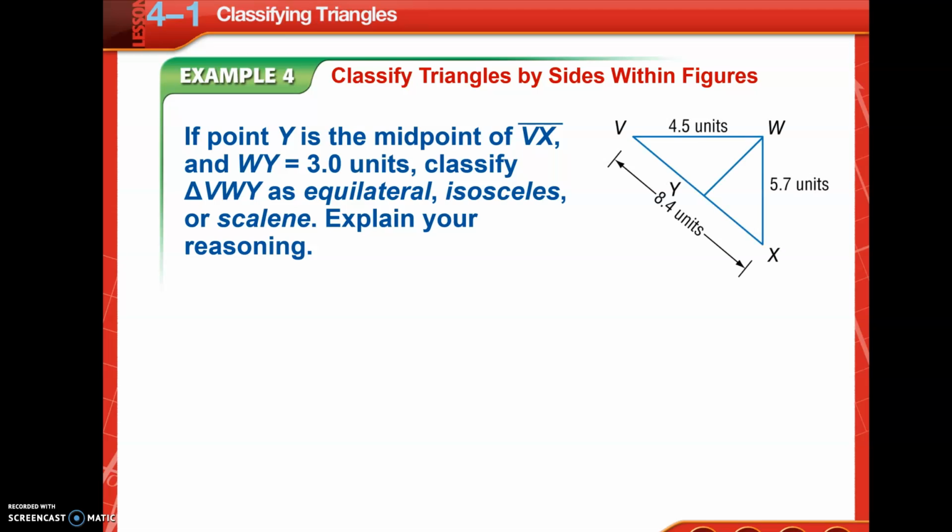Looking at measures then, if sides are congruent, they'd also be equal. Y is the midpoint of VX. Remember, midpoint means halfway point, so Y is in between V and X. So that means if this whole VX is 8.4, this would be 4.2, and this would be 4.2.